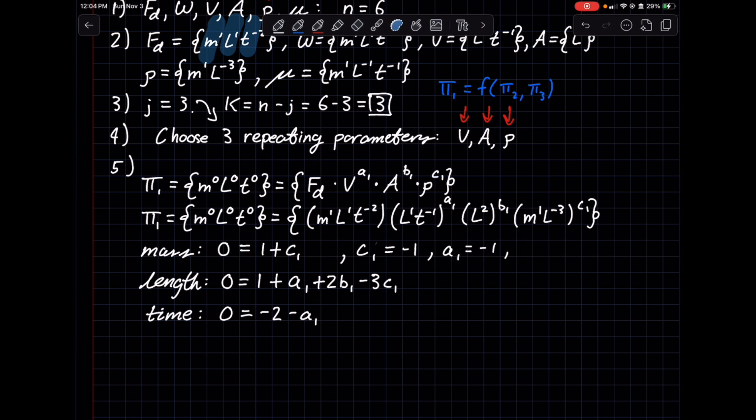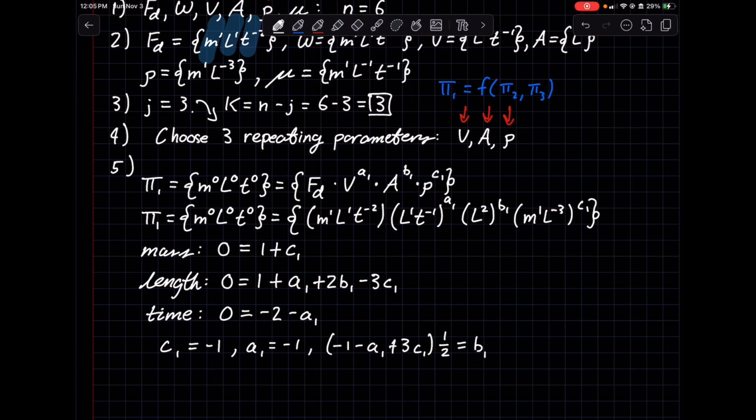So let me actually move all this right down here. So B1 is what we're solving for next. So we have negative 1 minus A1 plus 3C1, all that multiplied by 1/2 is equal to B1. And we can just kind of solve this out.